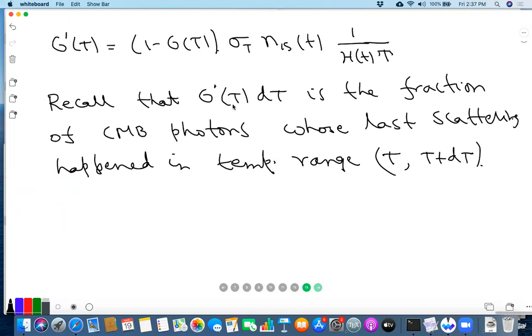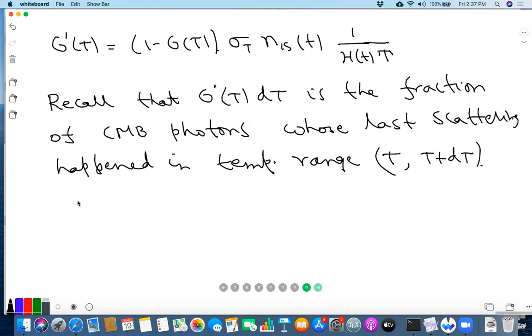Now, what do you expect O prime to be? What kind of function should it be? Right? So O of T should go to 0 at low temperature, because at late time, almost all the CMB photons that are emitted from late time will reach us. So O of T should go to 0 opacity, and O of T should go to 1 at very early time, because there it's almost 100% certainty that a photon at an early time would have scattered at least once before reaching us.